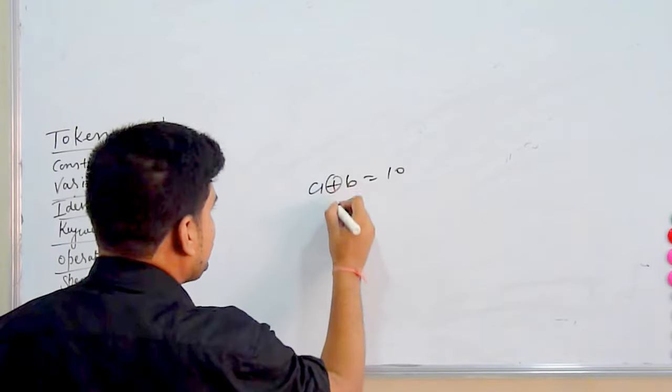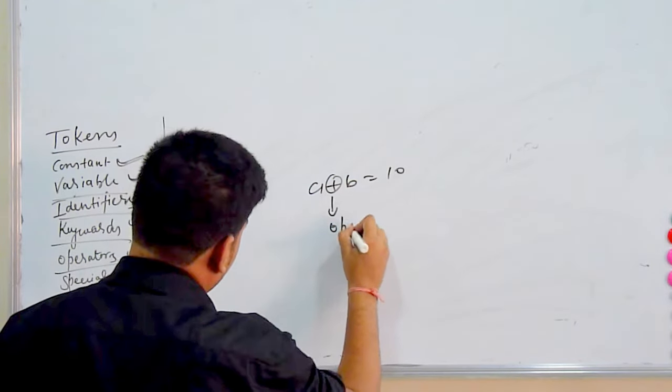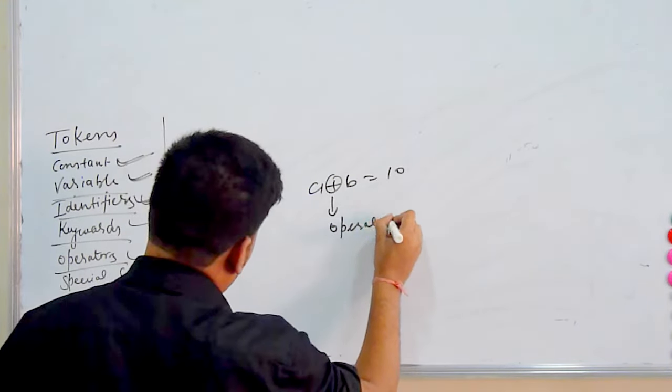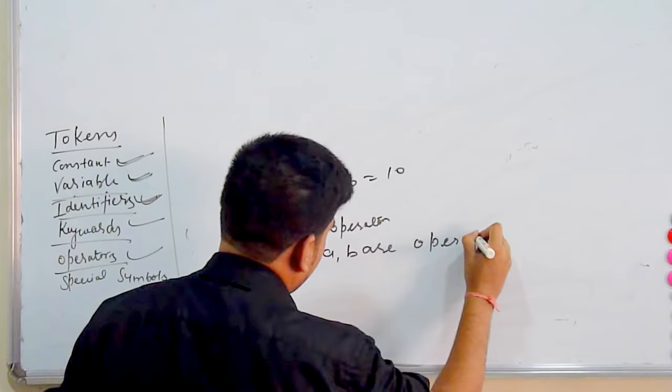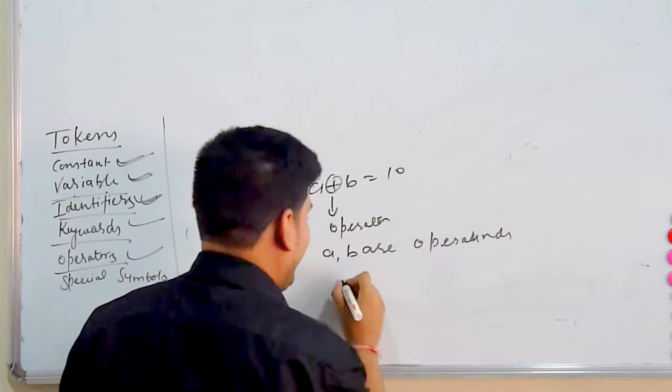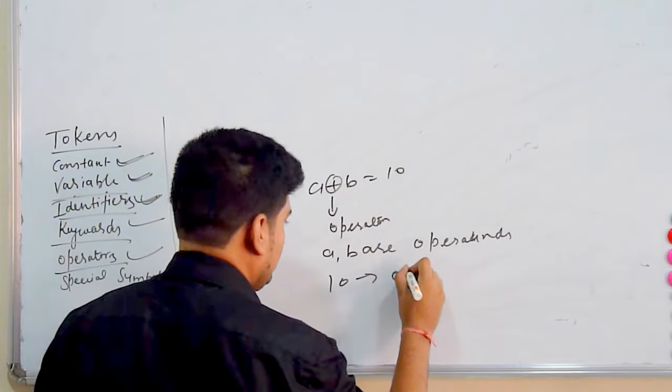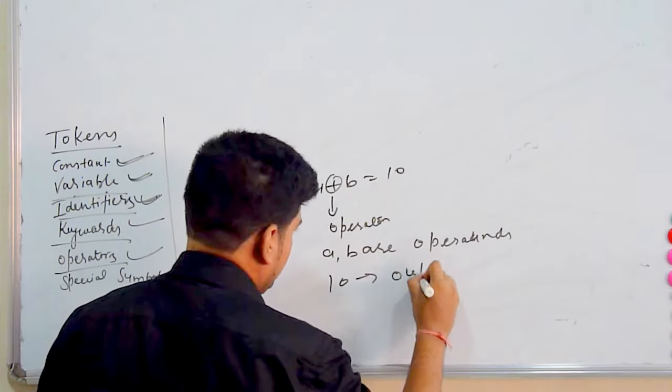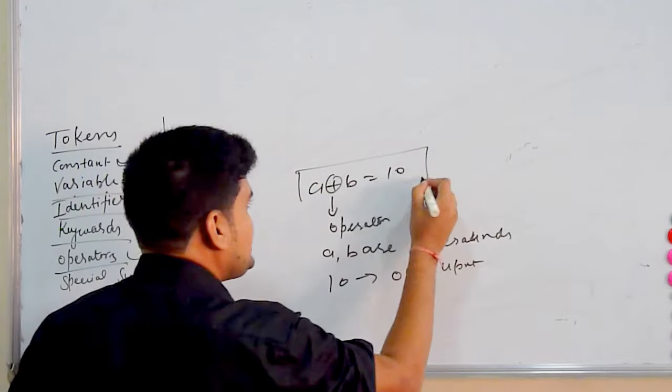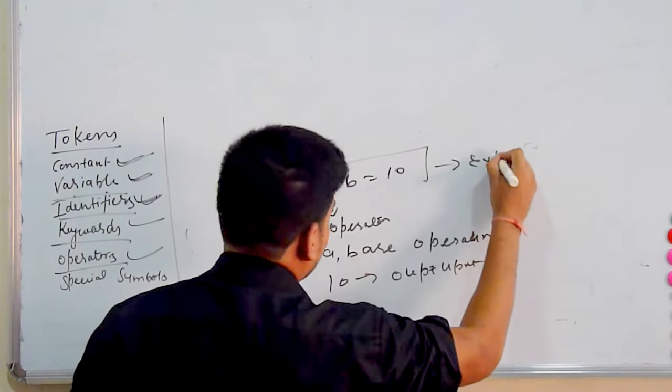Now this plus is an operator here. Why? Because it is performing the calculation between a and b and the outcome is 10. And a and b are the operands, and 10 is the output. And this whole thing is called the expression.